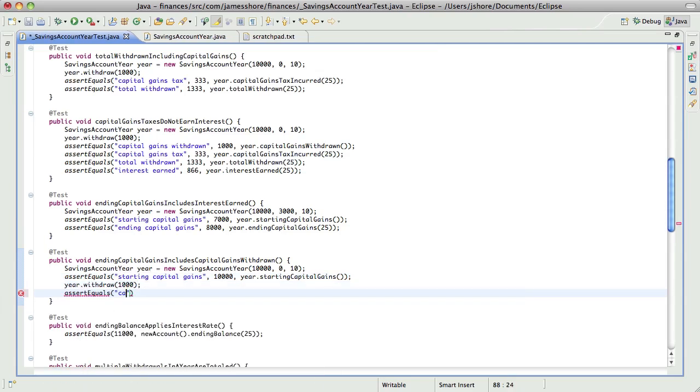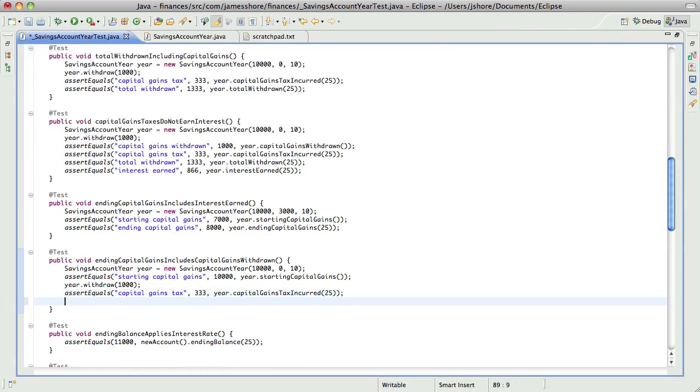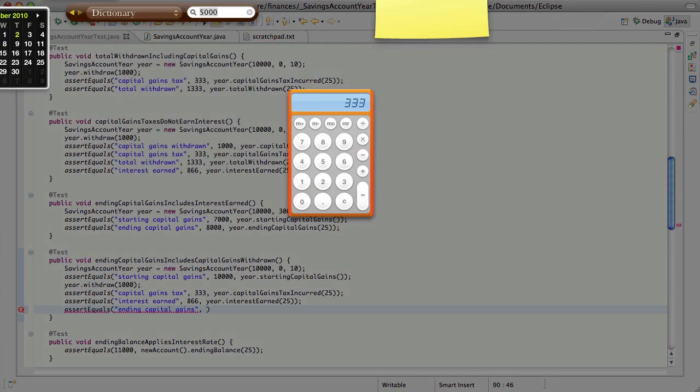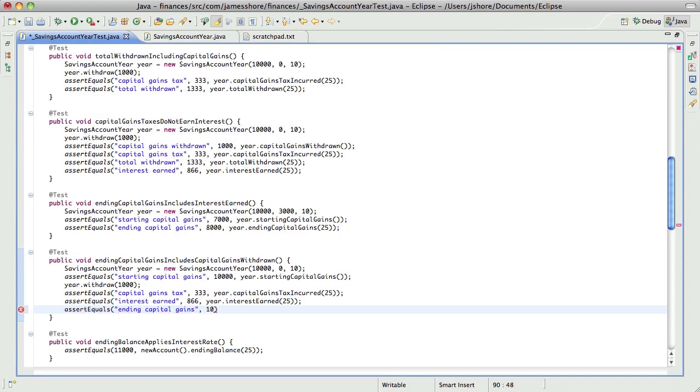Our capital gains tax incurred is going to be 111, I think. Oh, that's 333 and interest 25, I think. Yep. Our interest earned is going to be 1,000. Actually, it's not. It's going to be something else. 866, I think. Yep. And that means that our ending capital gains should equal 10,000 minus 333 plus 866, or 10,533.